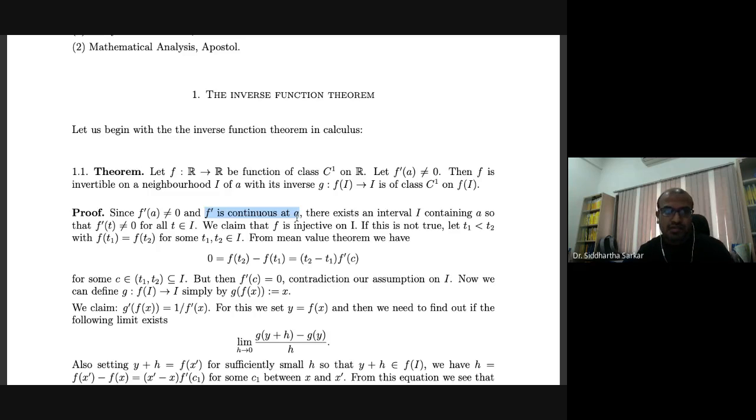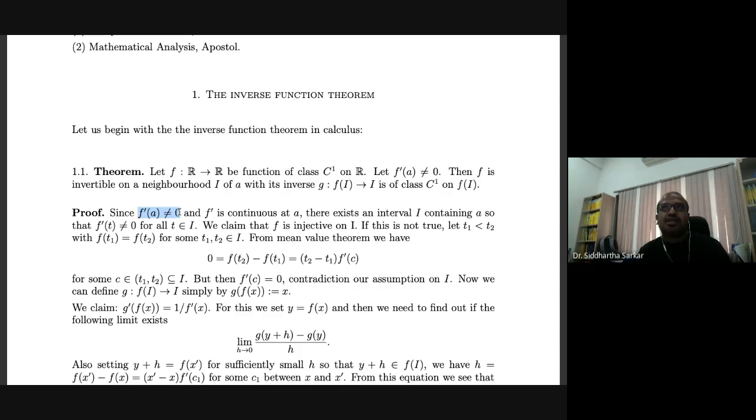If the derivative changes sign, obviously by the intermediate value theorem, you can get a point in that interval where the derivative should vanish. So here, actually, the sign is also kind of preserved.